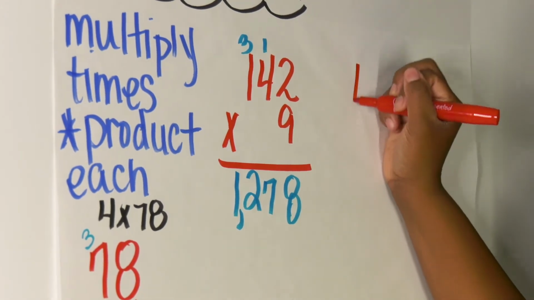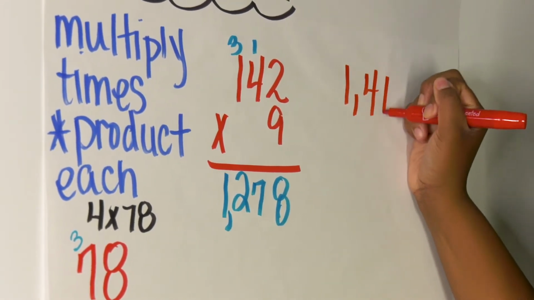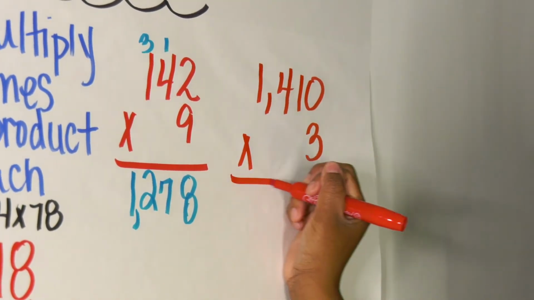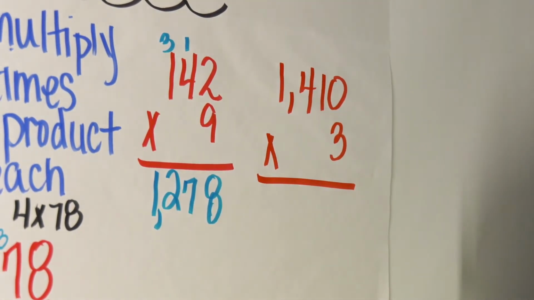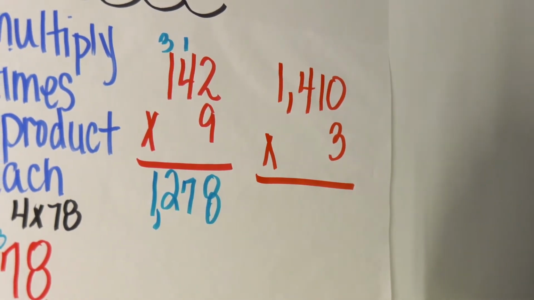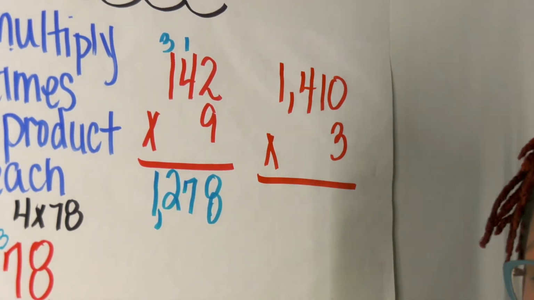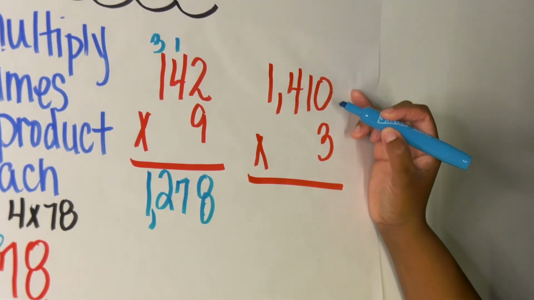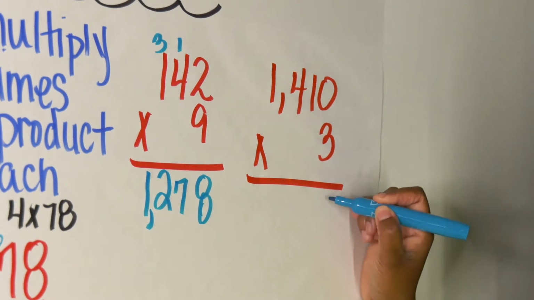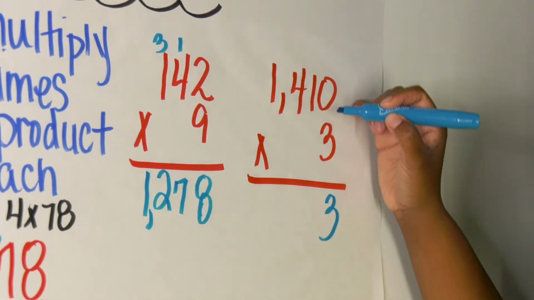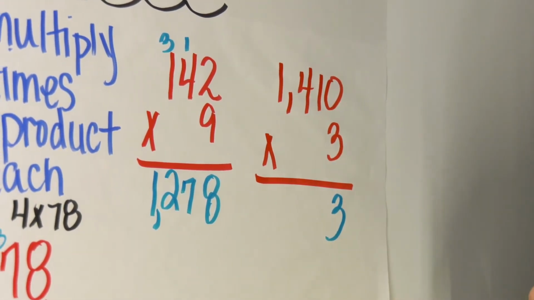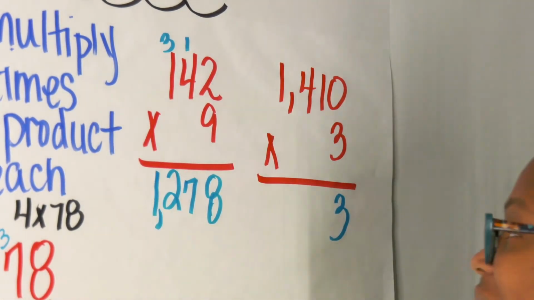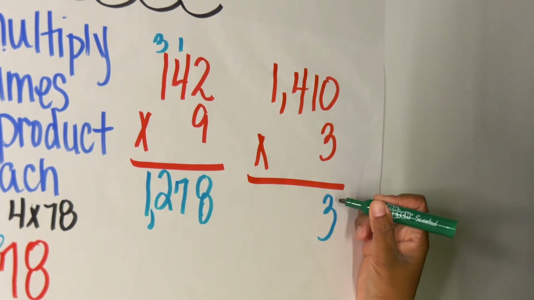Alrighty, now we have 1,410 times 3. And remember, the purpose of this is to become fluent multiplication mathematicians. 0 times 3 is 3. Well, I'm sorry, 0 times 3 is not 3, Miss Jackson. It is 0.